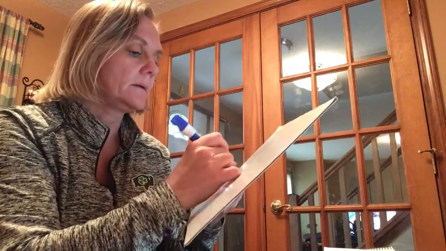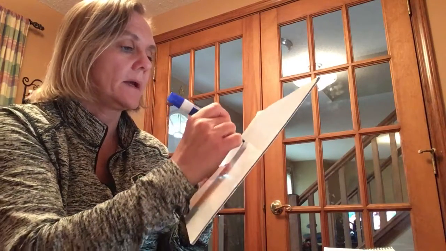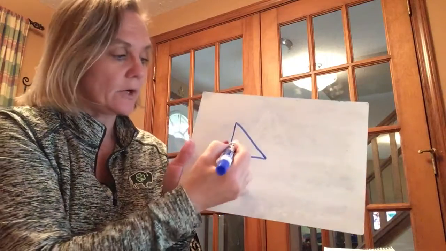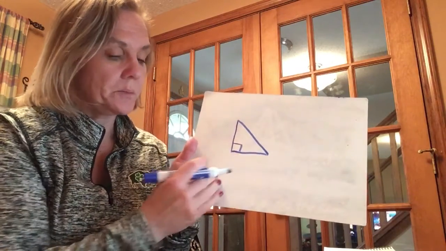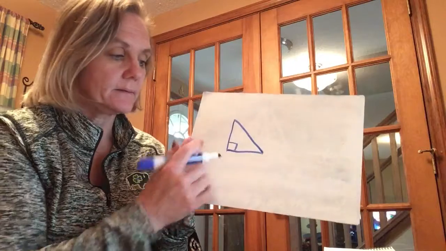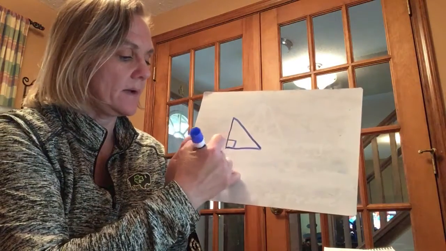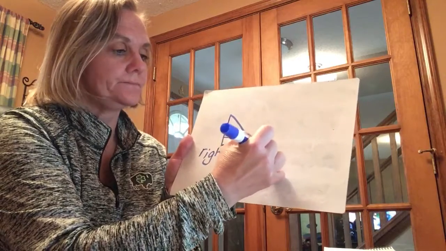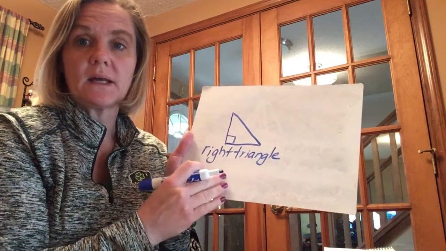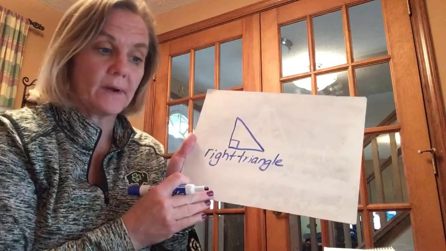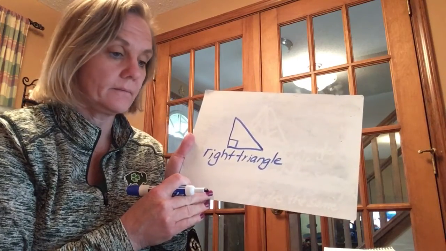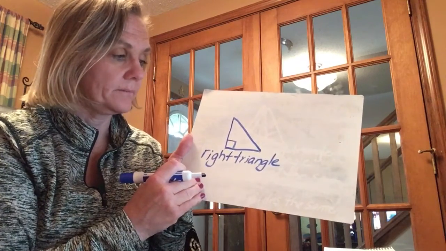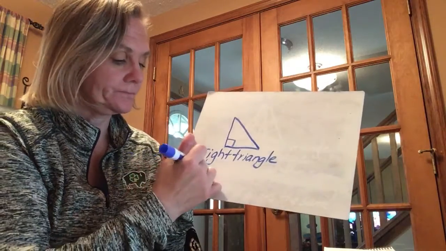So this one right here is our right triangle because there's a right angle in it. Okay, so this one is our right triangle because it has one right angle in our triangle.